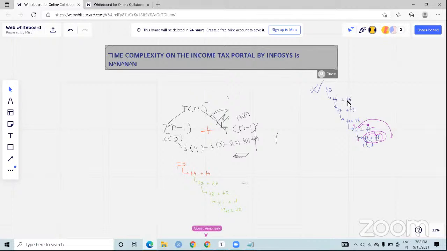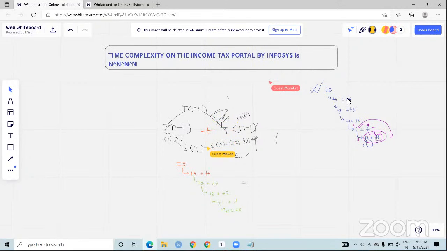So that's what it is doing. Like, T5 is equal to T4 plus T4. Then again it will go T4 into T3 plus T3. Then here it will also go T3 plus T3. So that's what we are drawing here, but in terms of Tn. So it's a generalization.